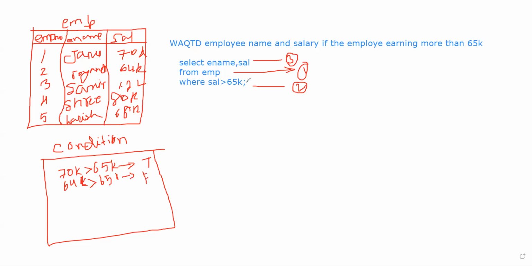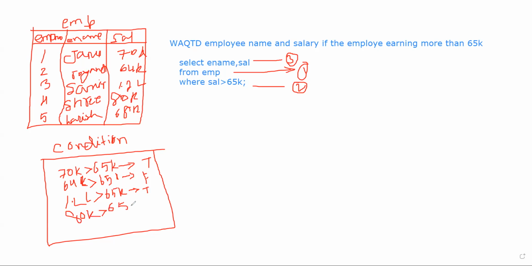Okay, then it will check 1.2 lakh greater than 65K. Condition true or false? True. Then again, it will check the 80K greater than 65K.